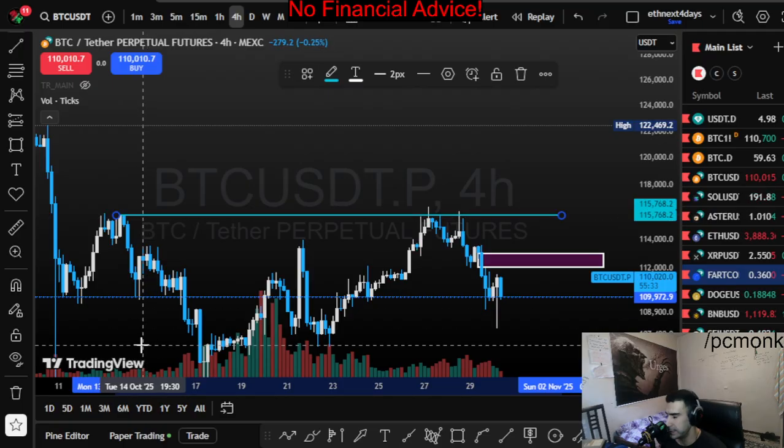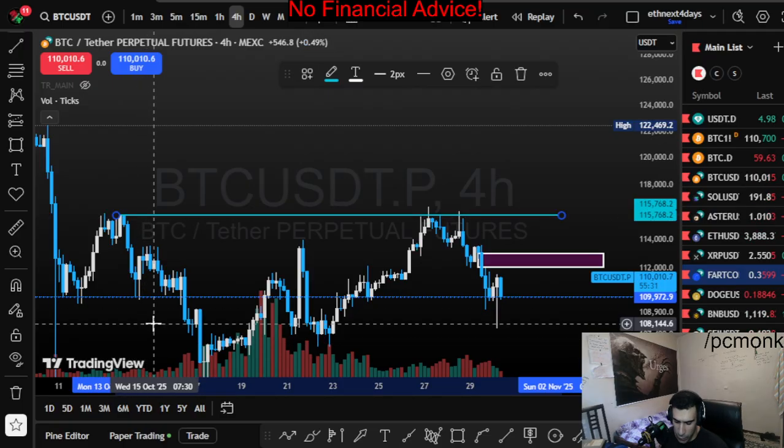When shorts get liquidated, you are forced to buy, meaning you are buying back what you sold. That's how a liquidation works. And vice versa, when a long gets liquidated, you are forced to sell what you bought, because the price is going against you and you cannot afford it anymore. So that's how it happens.